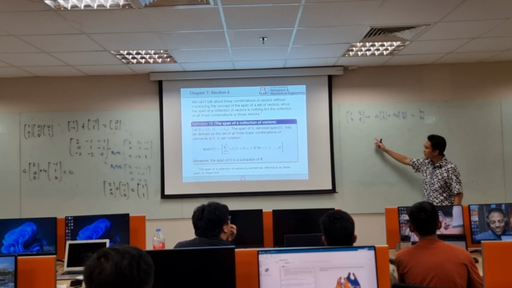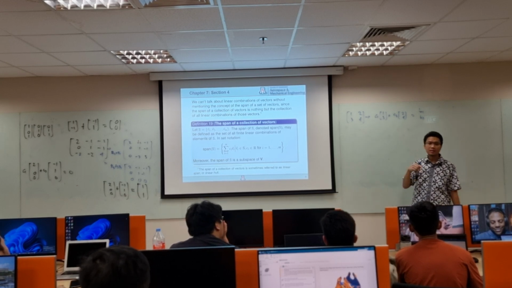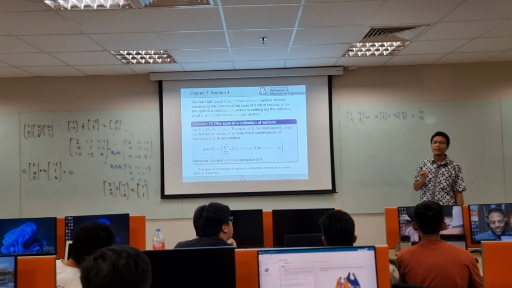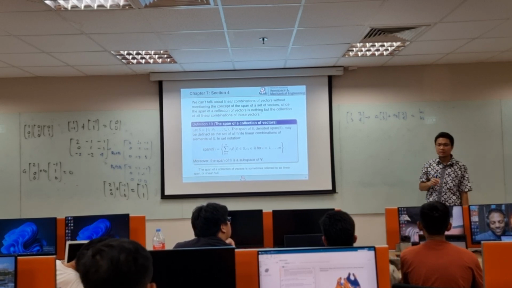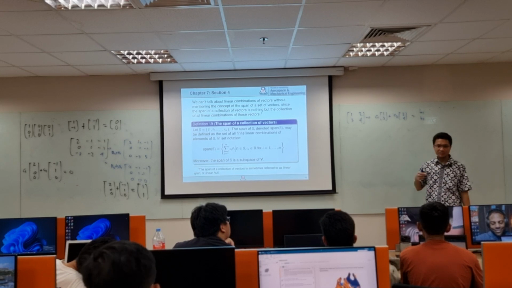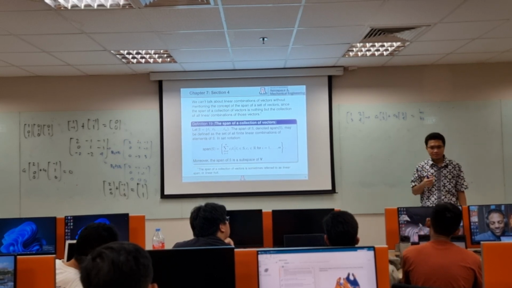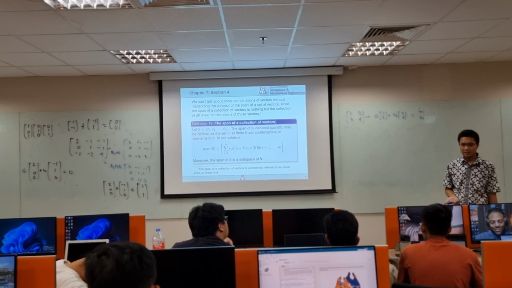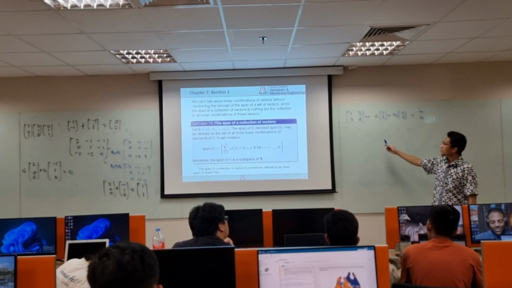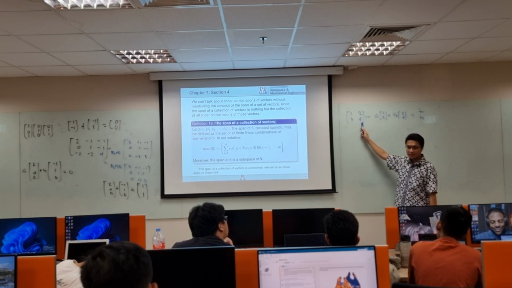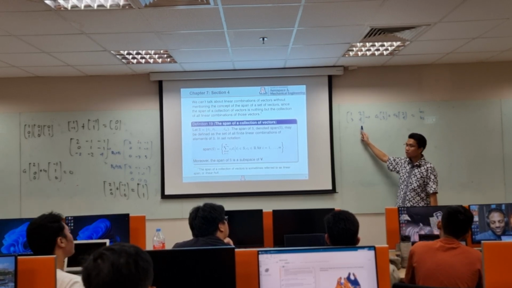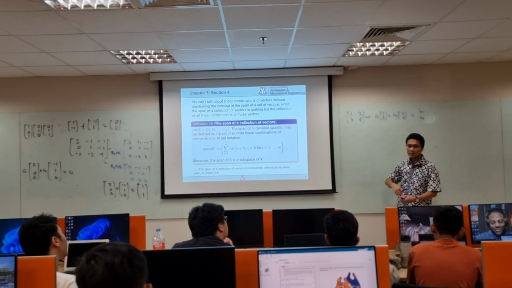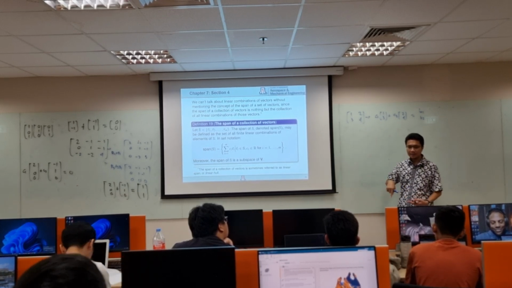So the span of these columns is R2. That's the way we say it. Because the columns of this matrix are linearly independent, the linear combinations of these columns span the entire XY plane.